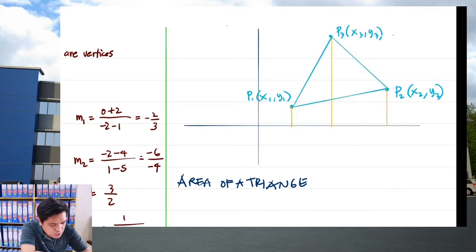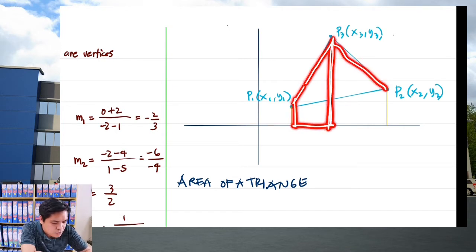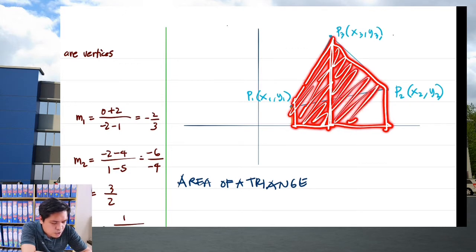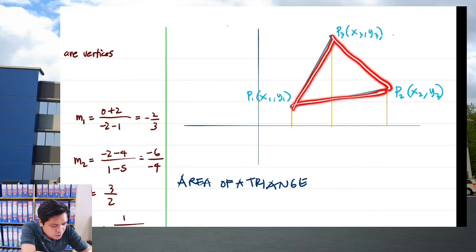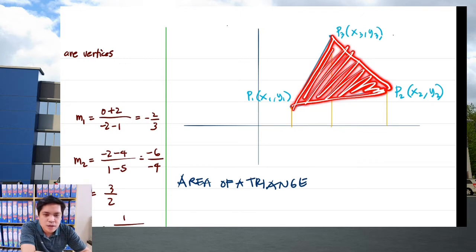And if you notice, if you add, halimbawa, you get the areas of these trapezoids. The area of this trapezoid plus the area of this trapezoid, yan na yung area niya. Then, you subtract the area of this trapezoid, then you'll get this net area, the area of the triangle. Okay? So, we could do that.